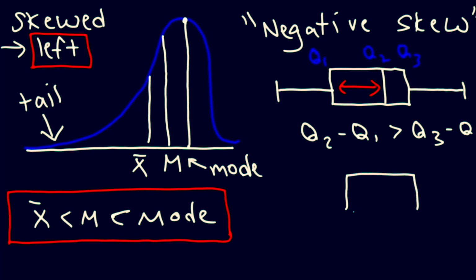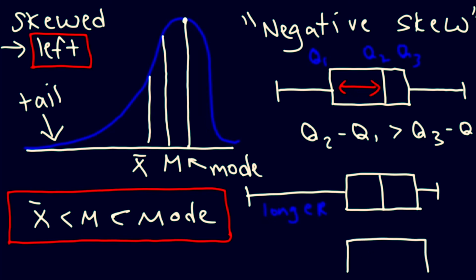Let's say we have a box plot that is balanced. That means they are equal: Q2 minus Q1 is equal to Q3 minus Q2. But look at the whisker. The whisker at the left is much longer than the whisker at the right.